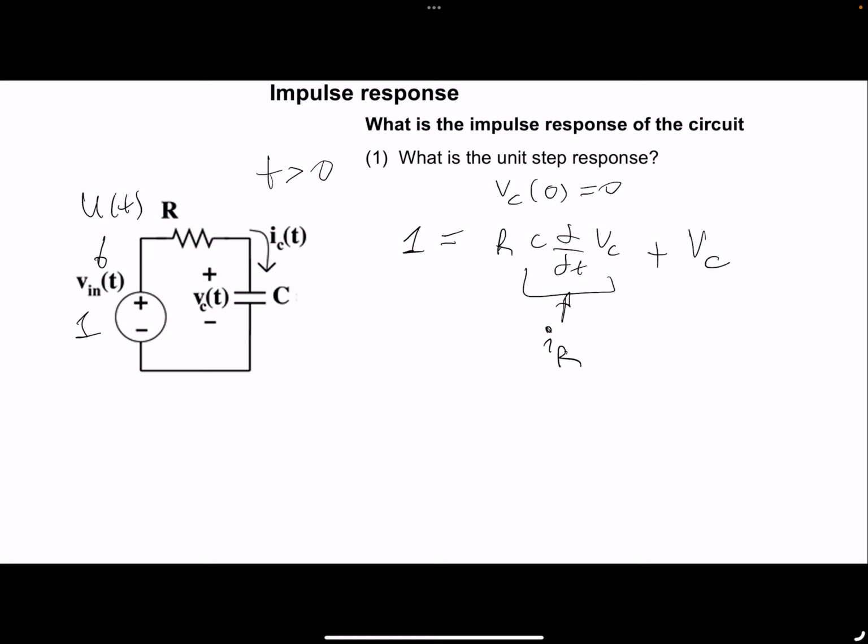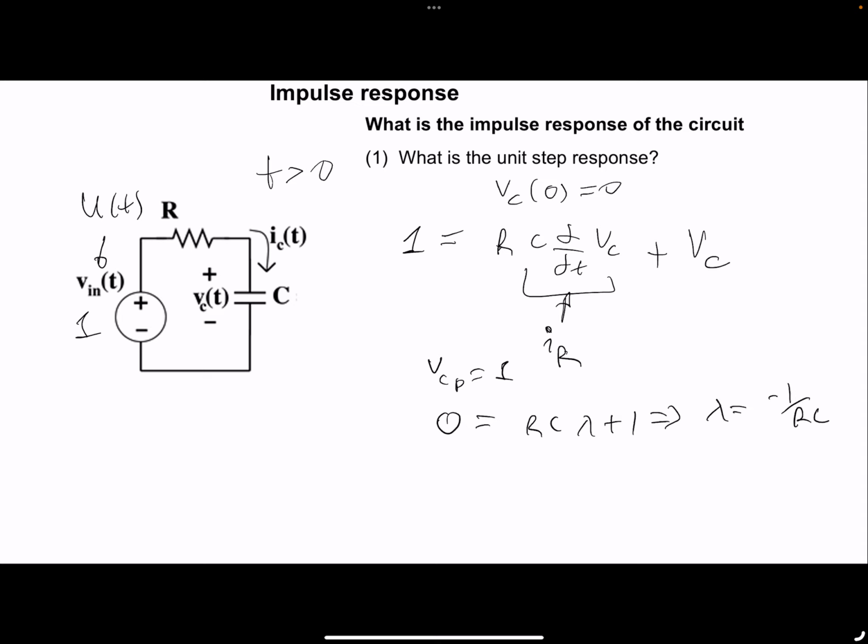So first we have to find the particular solution, which in this case, if you take the time derivative of 1, that's just going to be 0. So we're going to get that Vc particular is just 1. And then we have to find Vc homogeneous. So first we say 0 equals RC lambda plus 1, which gives us that lambda equals negative 1 over RC.